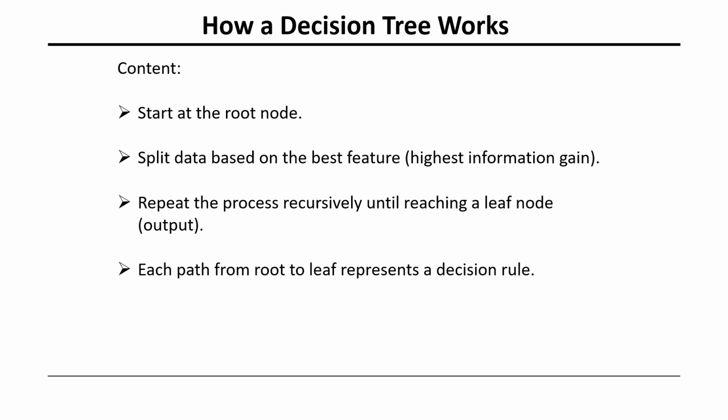We repeat the process recursively until we reach a leaf node, which we call the output. Each path from the root to the leaf represents a decision rule. The path we track from the root node to the leaf node is called a decision rule.